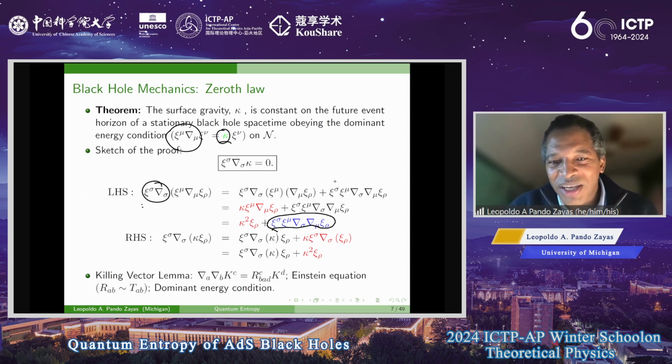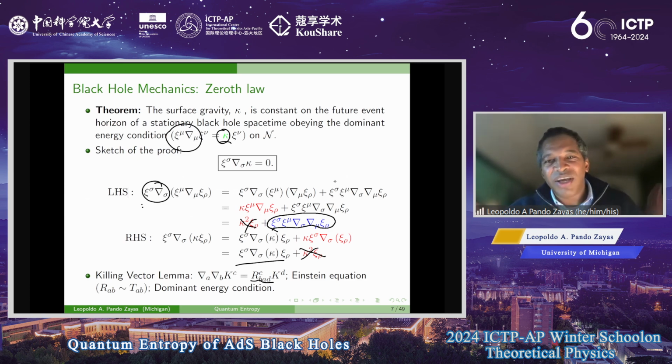I can always use the Killing vector lemma and write it as the Riemann tensor times that Killing vector. Then I use Einstein equation, and the dominant energy condition guarantees that this term vanishes. Therefore, the red terms cancel each other, and I get precisely what I wanted. That quantity on the horizon is constant, which, of course, looks a lot like a zeroth law of thermodynamics.